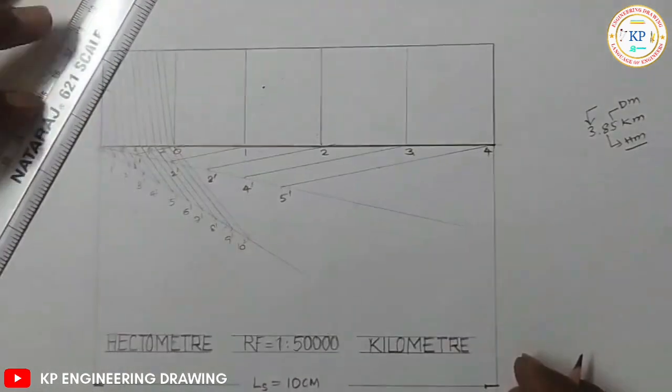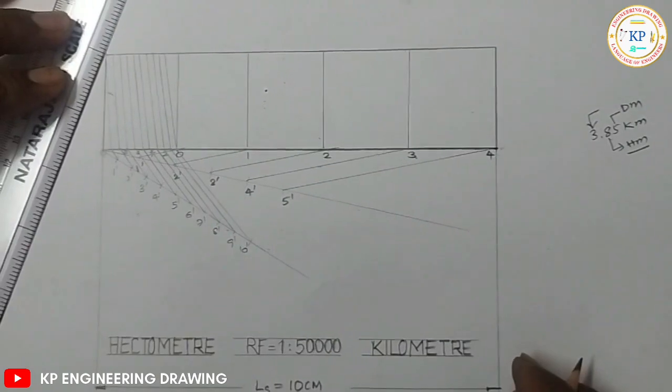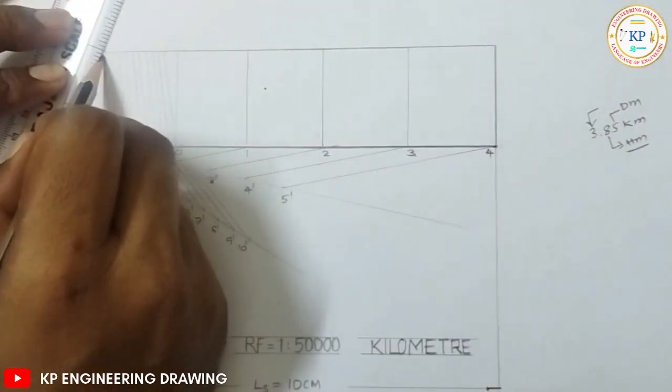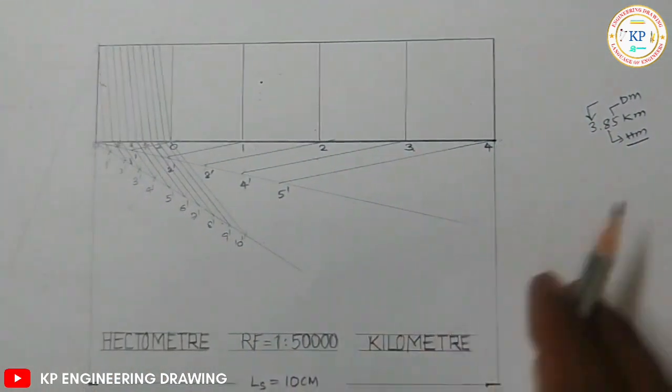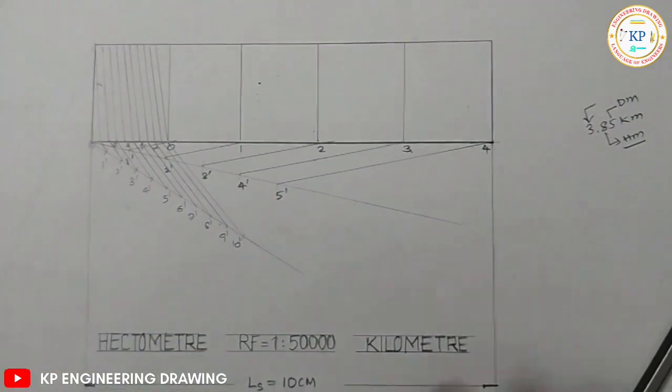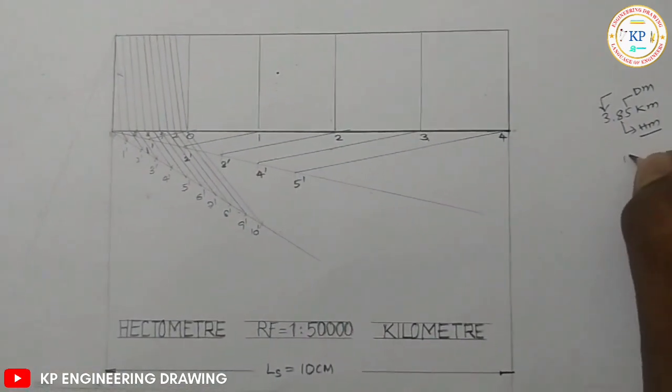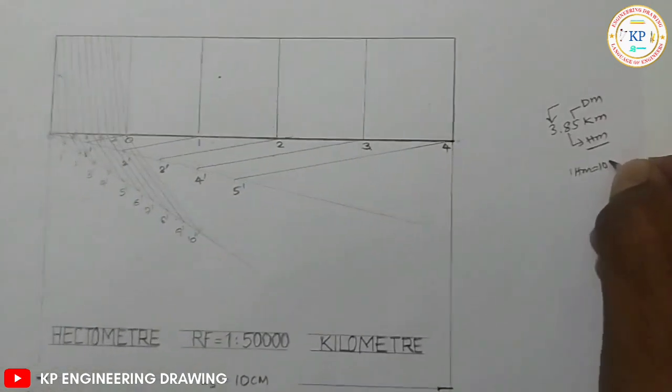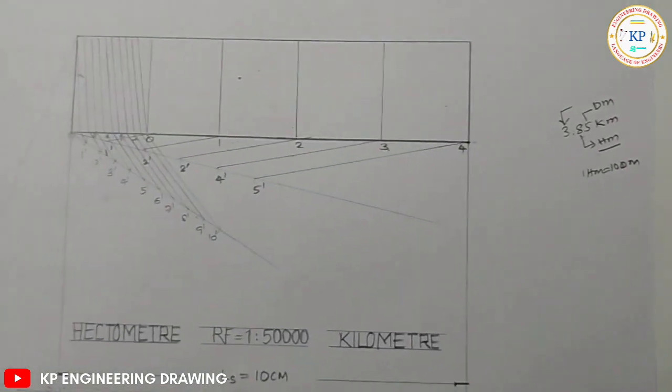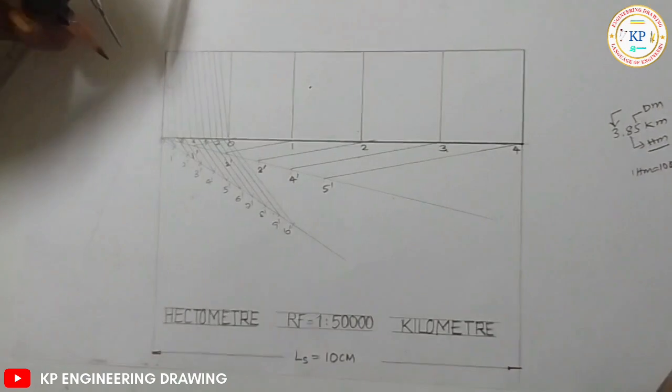Again we need to draw its further subscale. So again draw another inclined line and divide this into 10 equal parts. Why? Because 1 hectometer is equals to 10 decameters. So you cut 10 points.